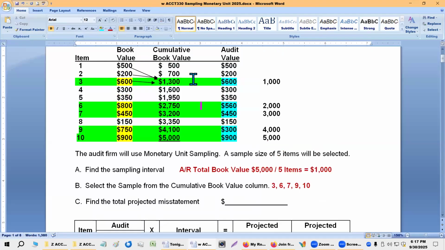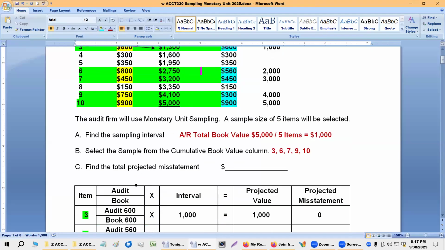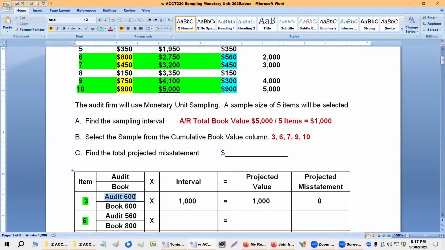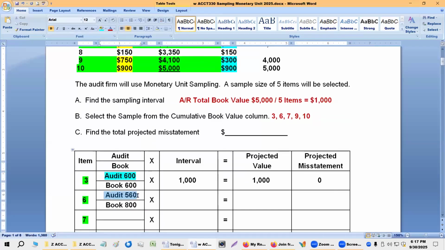Okay. All right, so let's see. So this would be turquoise. And this would be yellow. Okay, so 560 divided by 800 times 1,000. Uh-oh.